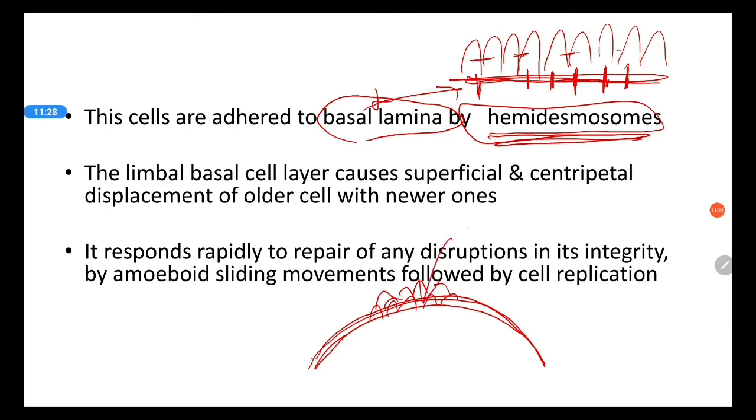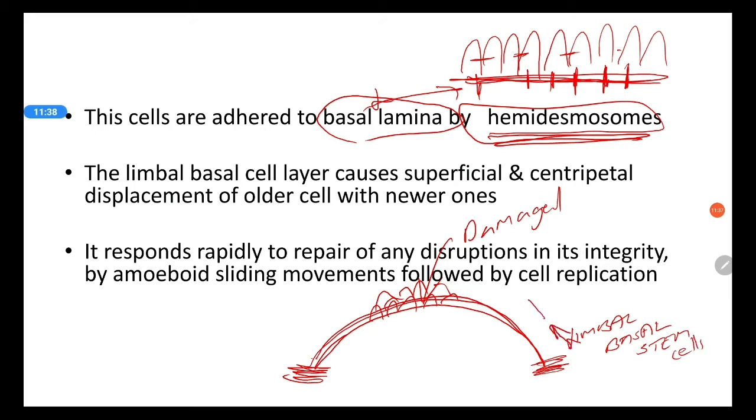If somebody gets damaged because of a trauma, it is the limbus at both sides which has limbal basal stem cells, which regenerate new epithelium to grow and come to the center from all around the cornea.